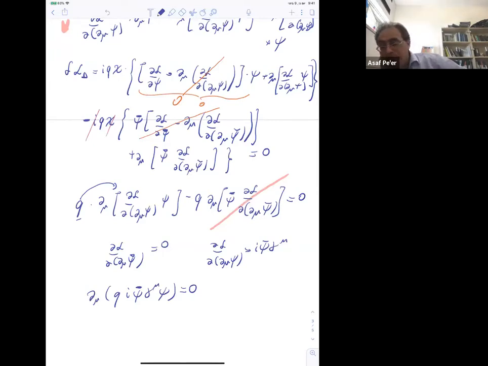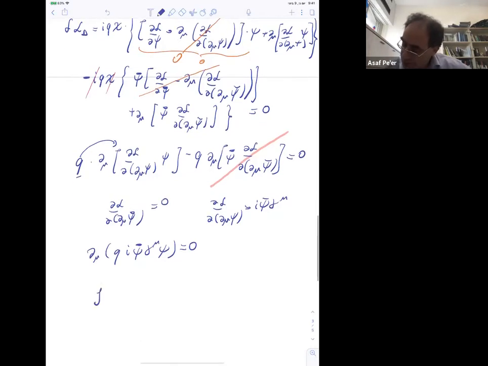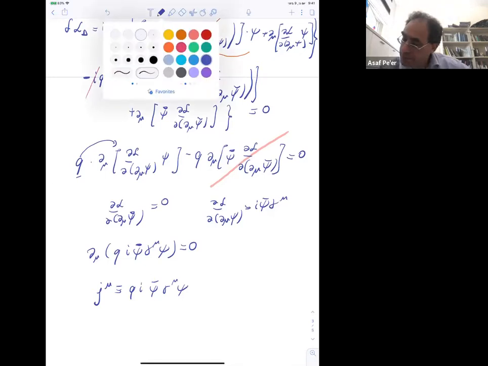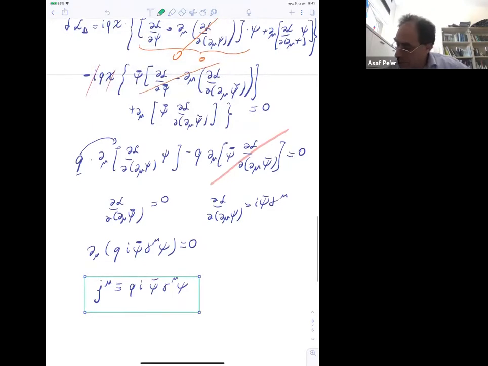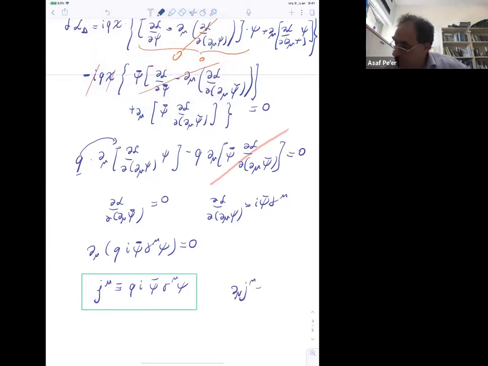Does that ring a bell? So if I write down the conserved current as J mu, right, it is Q i psi bar gamma mu psi. Then we end up with, as promised, d mu J mu is equal to 0.